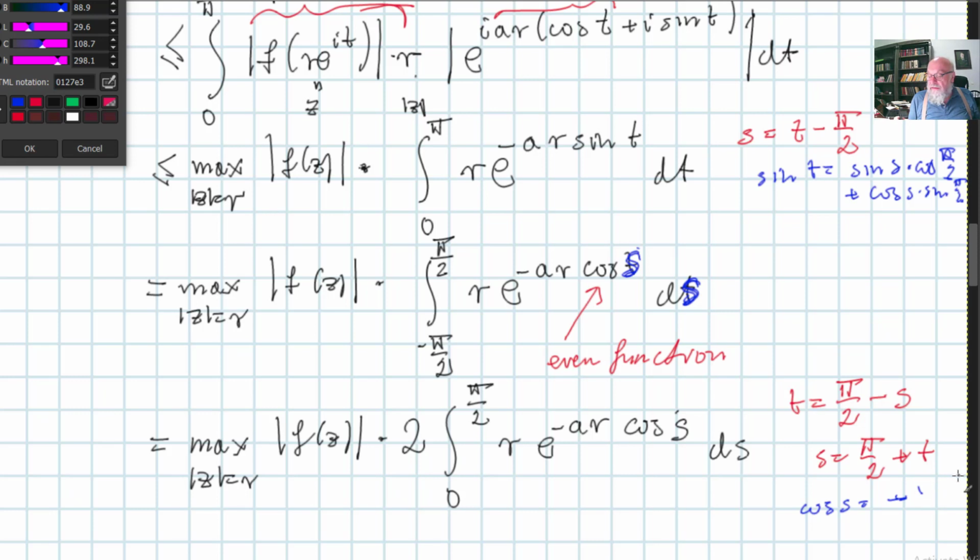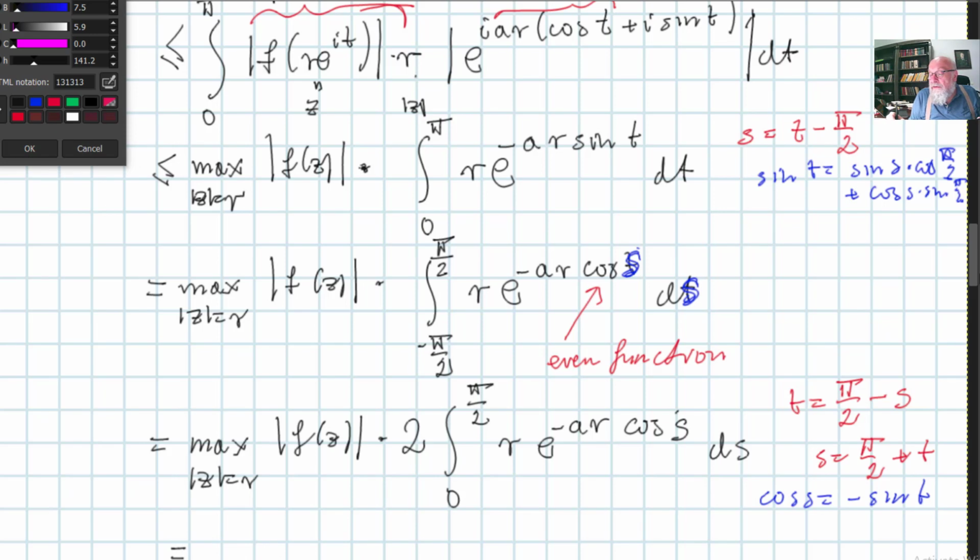Yes, very good, that's this one. So let me write it down. After this substitution, cosine of s is minus sine of t. And now we come back to this integral, and we can continue.